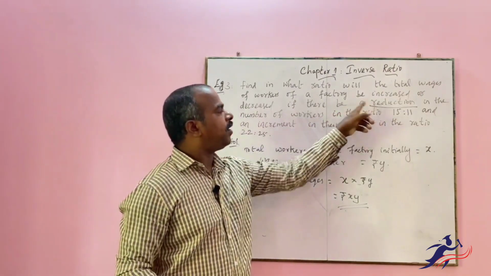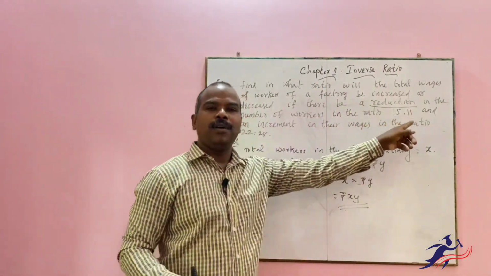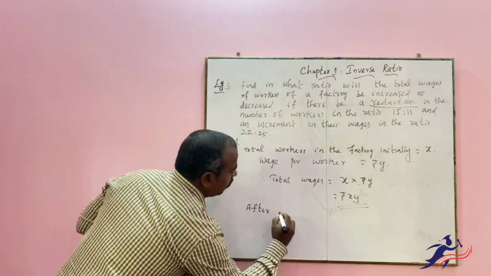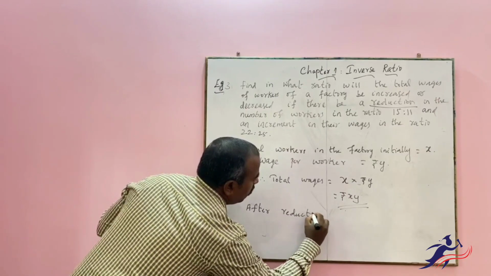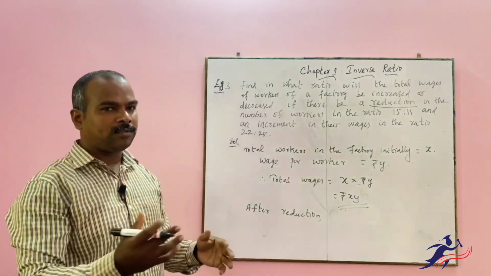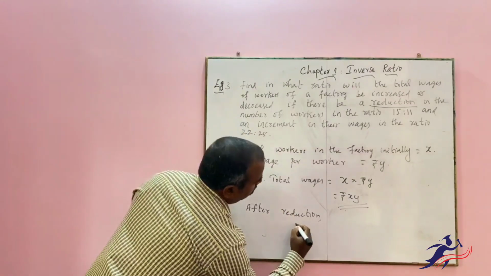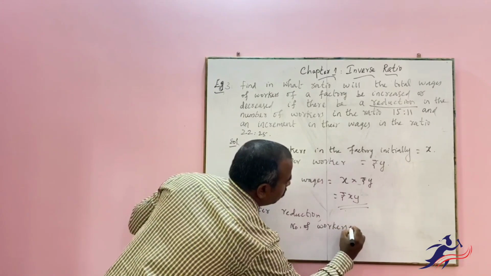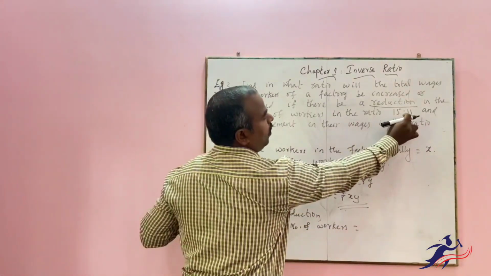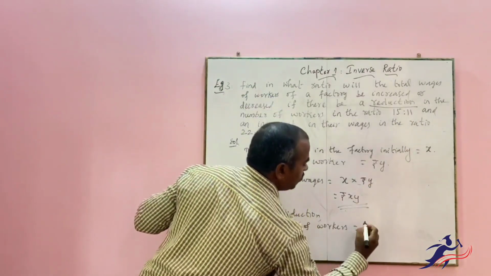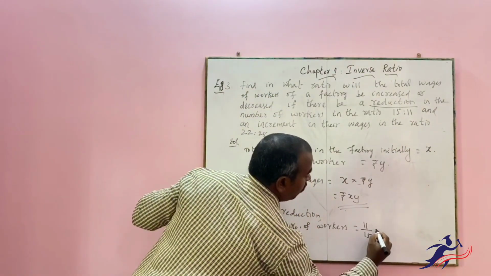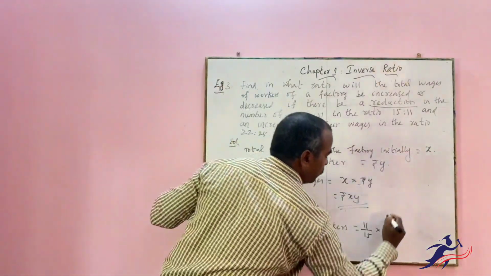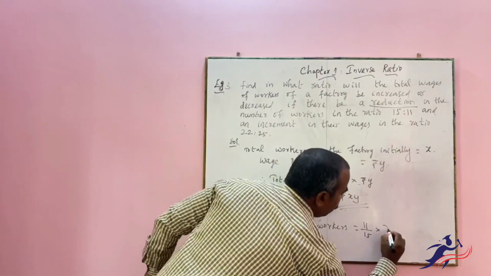Now they are reducing the number of workers in the ratio 15 is to 11. So after reduction, there will be a new quantity of workers, that is B by A. Listen carefully, that is 15 is to 11, that is 11 by 15 into the original quantity of workers in the factory, X, that is 11 by 15 into X.